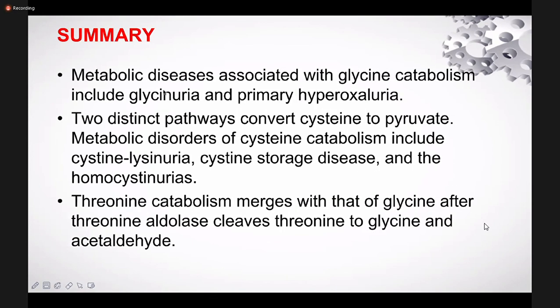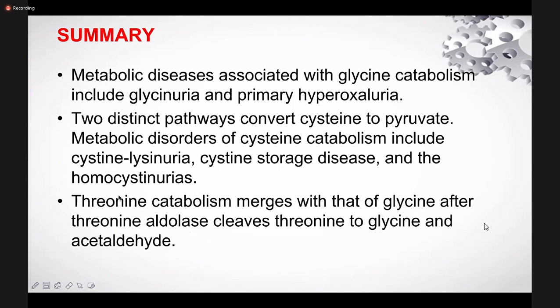Metabolic diseases associated with glycine catabolism are glycinuria and primary hyperoxaluria. There are 2 distinct pathways that convert cysteine to pyruvate, right? I have shown the picture, the top pathway and the bottom pathway. Metabolic disorders of cysteine catabolism include cystinuria, cystine storage diseases, and the homocystinurias.